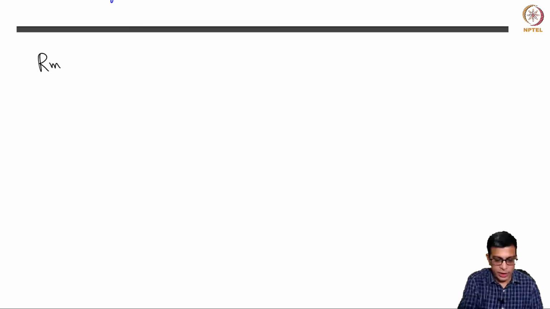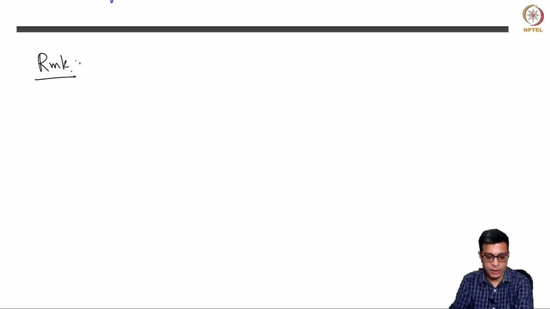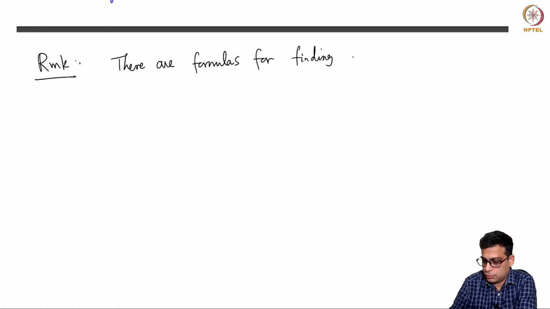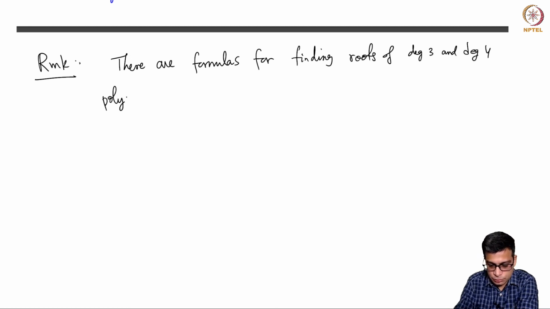Okay, so I have taken a lot of your time in this class, I am sorry about that, but let me end this class by the following remark. So there are formulas for finding roots of degree 3 and degree 4, just like quadratic polynomials.